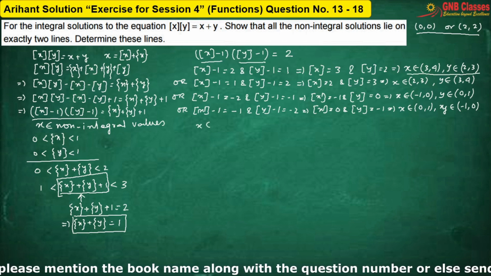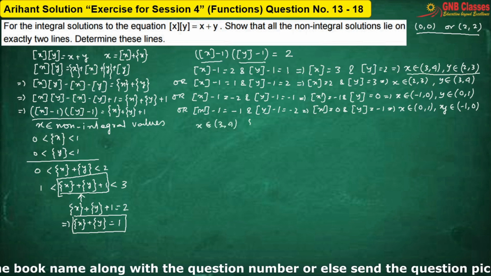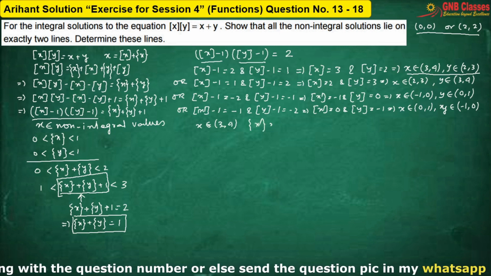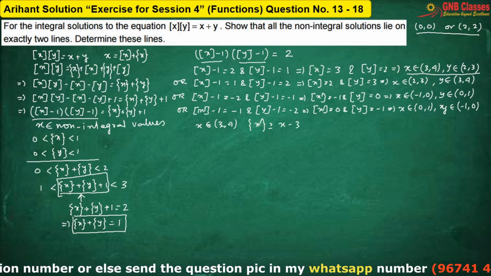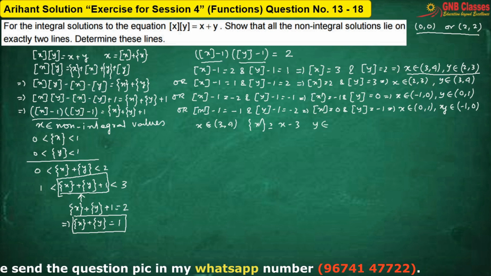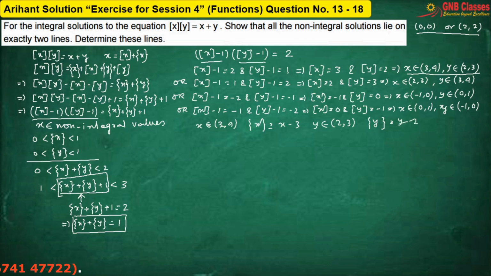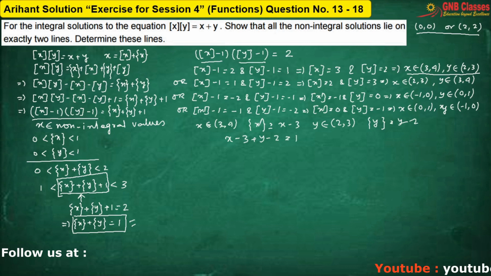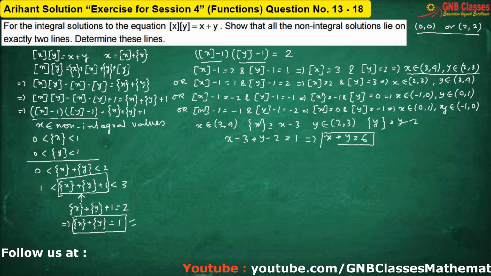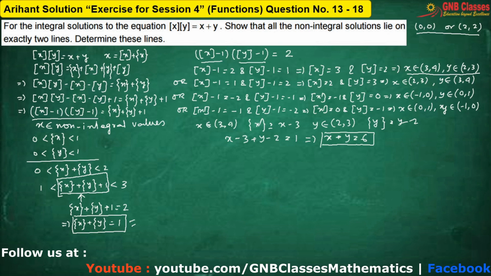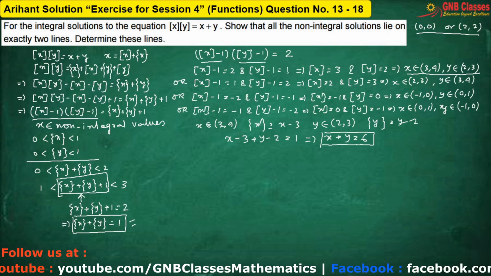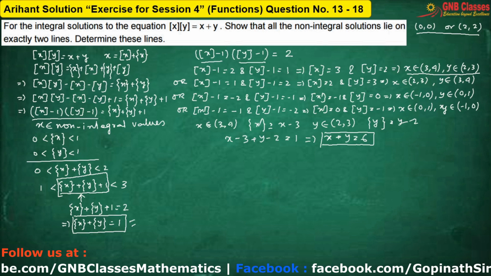Now please consider this portion. When x belongs to 3 to 4, the fractional part of x can be written as x minus 3. And when y belongs to 2 to 3, the fractional part of y can be written as y minus 2. Therefore this equation becomes, so from here we have, so this is the required line, where the non-integral solution of the given equation lies.